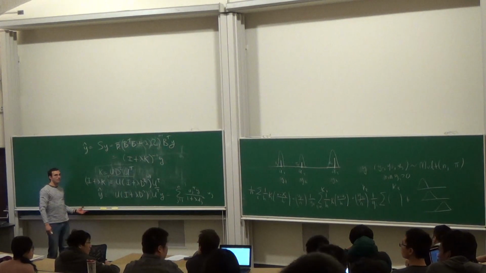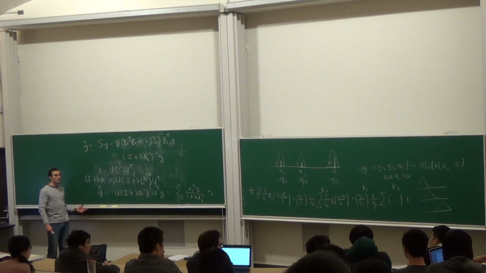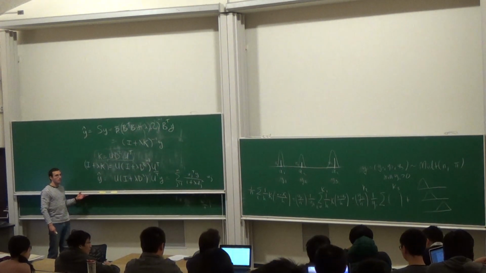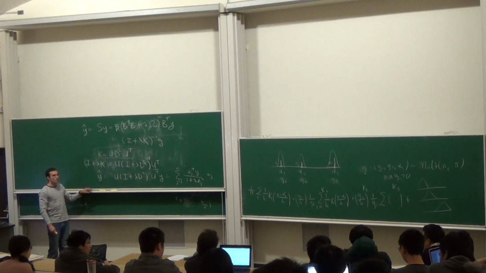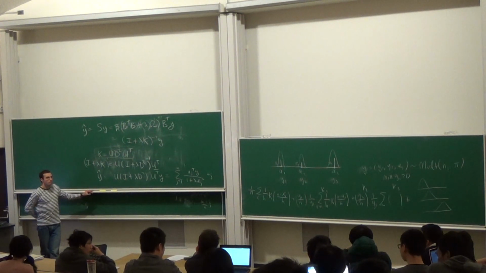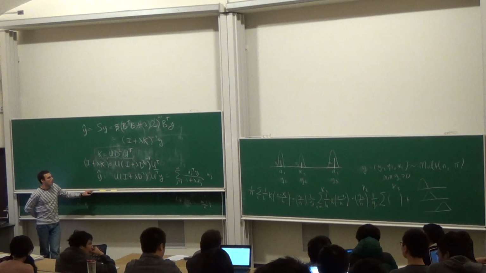Yeah, I just have a quick question about smoothing splines. Is the difference between the linear regression on the basis and the smoothing spline because of the repeating knots?